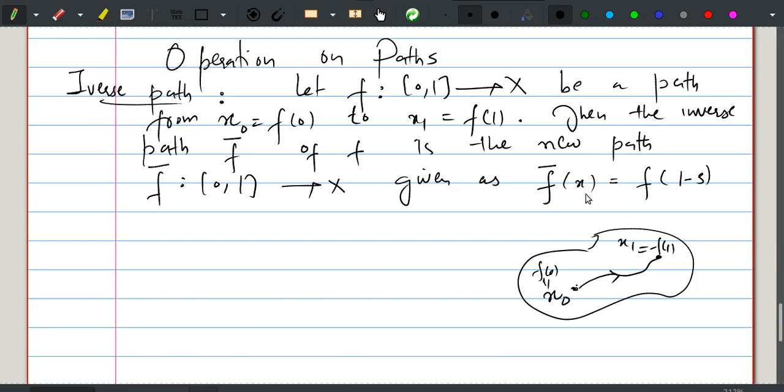What f does at 0, f bar does at 1, because when we substitute 0 here, this is f of 1.